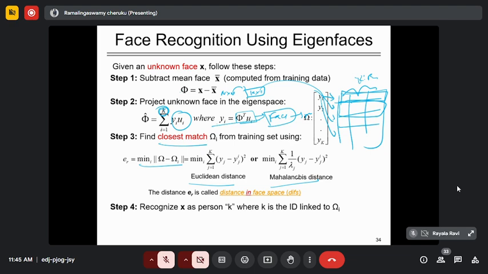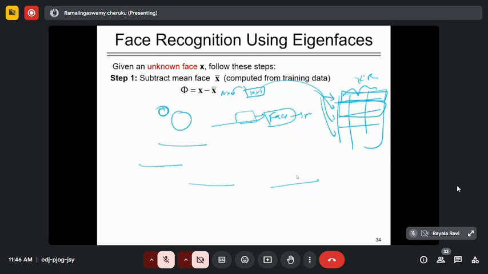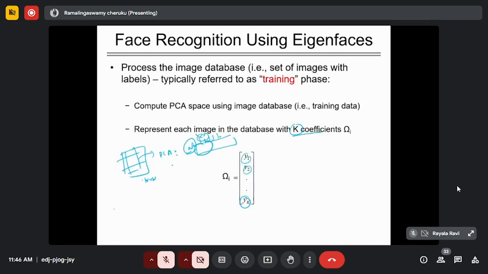See how cleverly they have applied the PCA for face recognition. They applied PCA on the training data set, and the k features it gets are stored in a database.